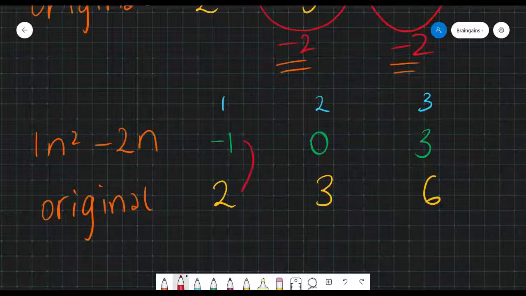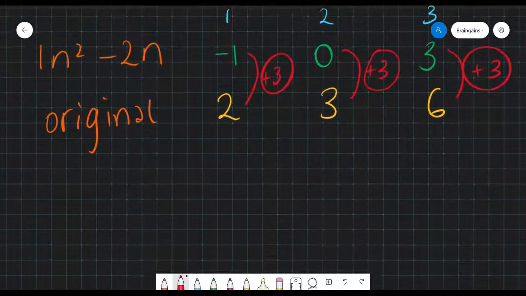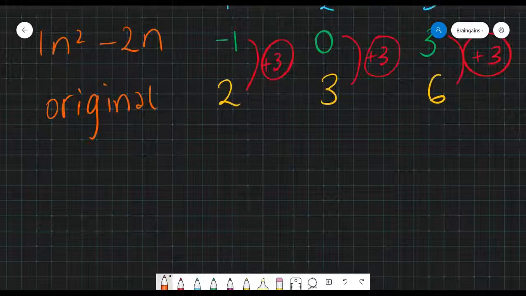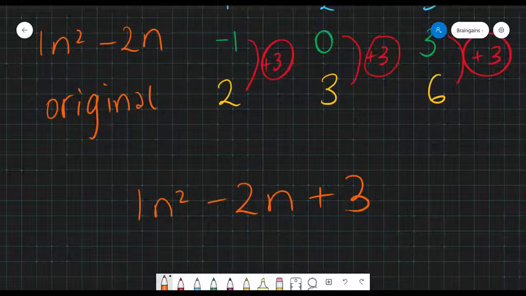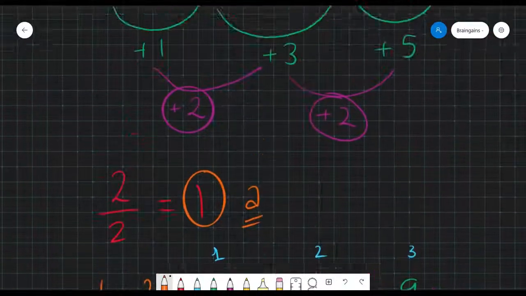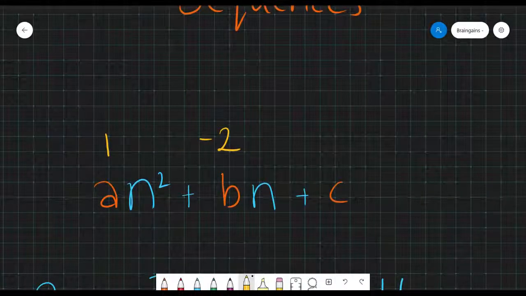Here we have plus 3, here we have plus 3, and here we have plus 3. Now, because there's a constant difference, this is going to be our c value. So our final sequence is 1n squared minus 2n plus 3. So here our c value is just 3.